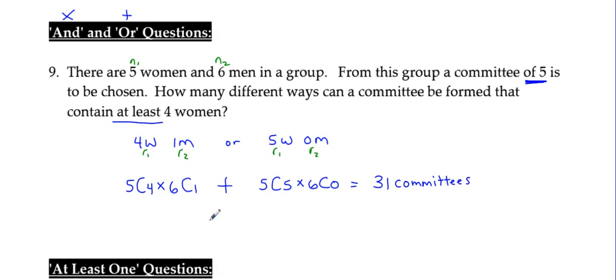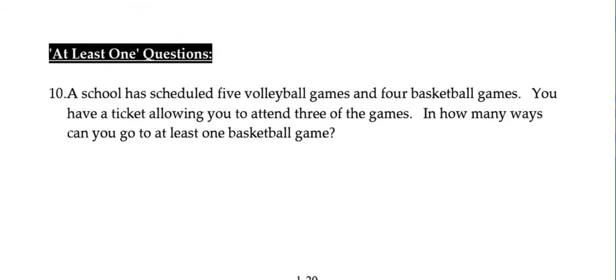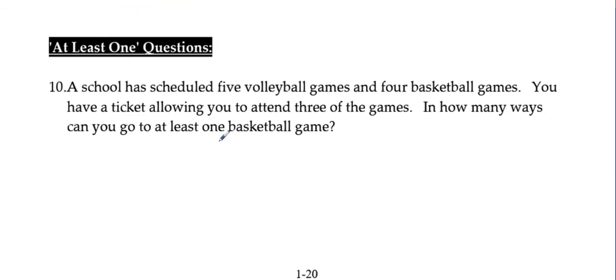So watch out for those examples that have ands and ors. Lastly, I just want to remind you about these at least one questions. If you remember, at least one question means we take the total number of cases and subtract the case you don't want.